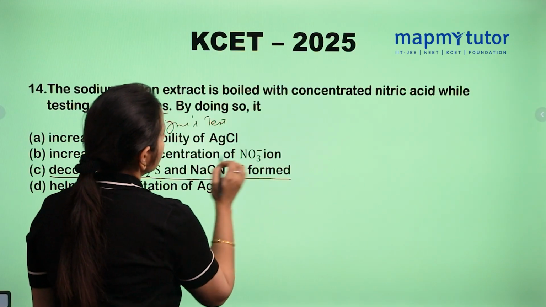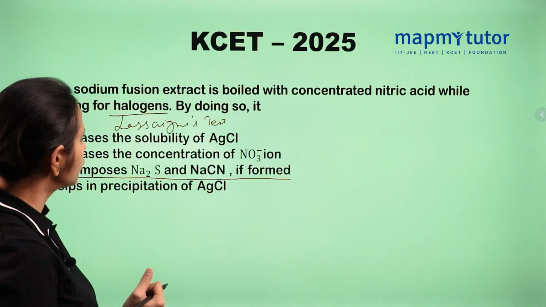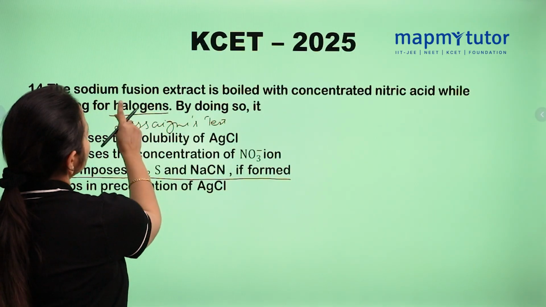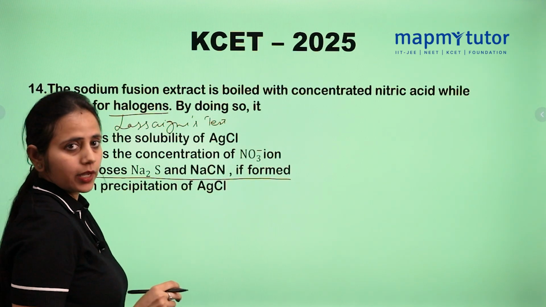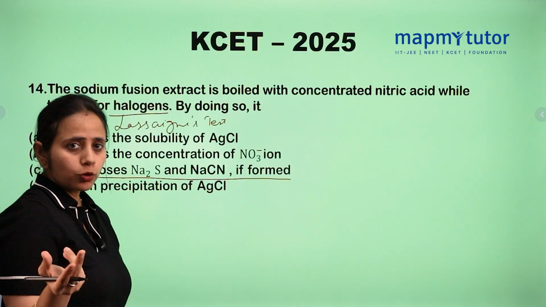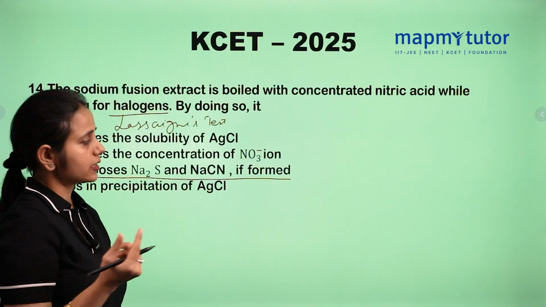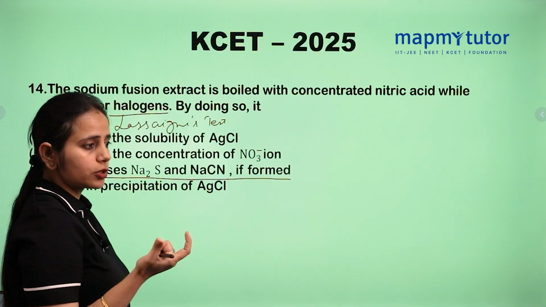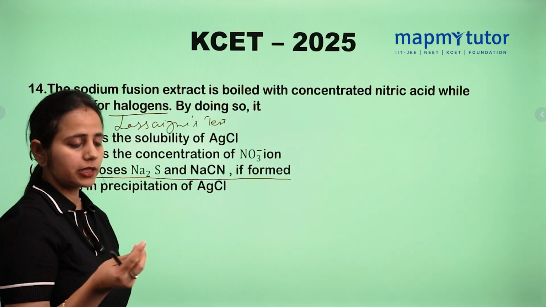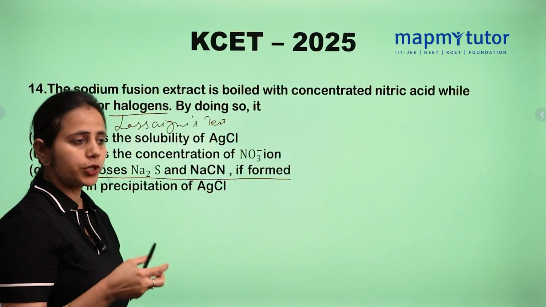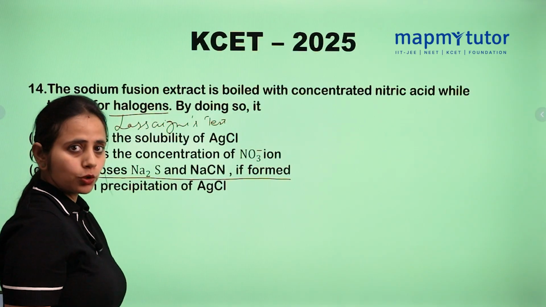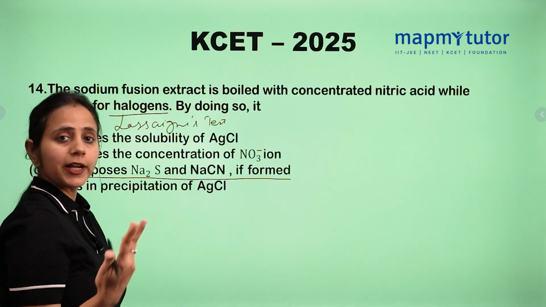Decomposes Na2S and NaCN. Why? When we detect halogen, we boil this sodium extract with nitric acid. When we boil, there is a chance that we can get cyanide from nitrogen and sulfur from these elements. They will interfere in the detection of halogen, so we need to rule them out, because in the Lassaigne test we use AgNO3. Silver will bind with sulfur and form Ag2S, and with cyanide form AgCN, and a precipitate will form.